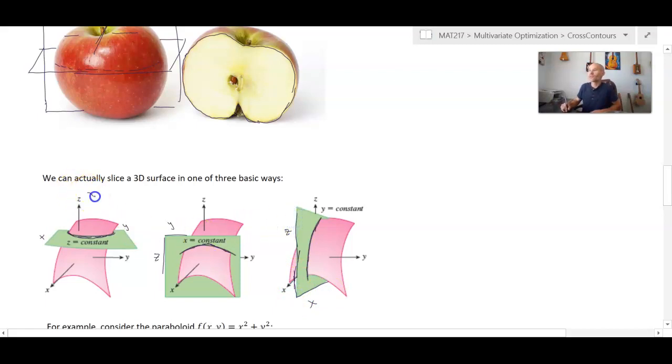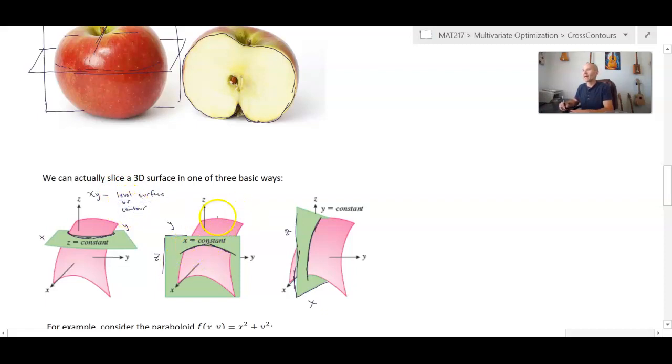So the relationships that we get, this is an xy cross-section. I'm sorry, we usually call this a level surface when you hold z constant. An xy level surface or contour.